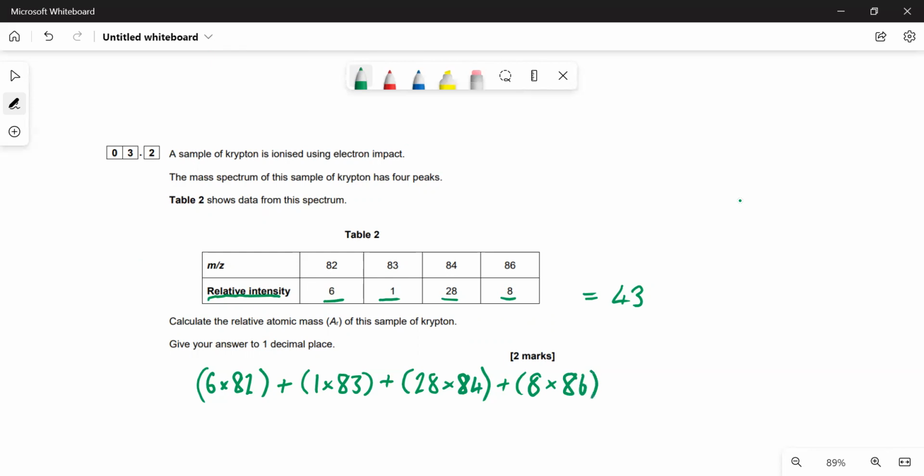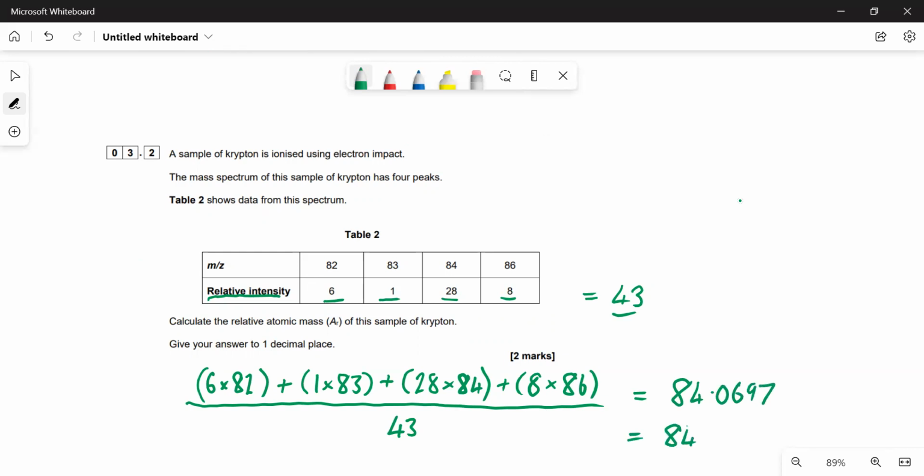And divide by the total number, 43 there. We've got to give it to 1 decimal place. If you do that on a calculator, you get an answer of 84.0697. We should give it to 1 decimal place, so that's going to be 84.1.